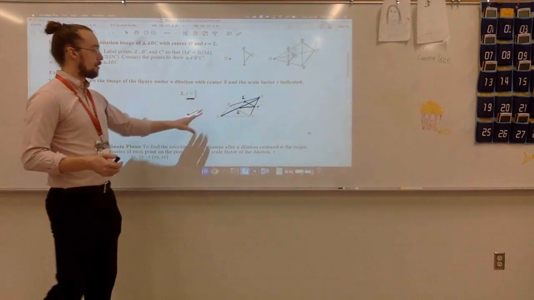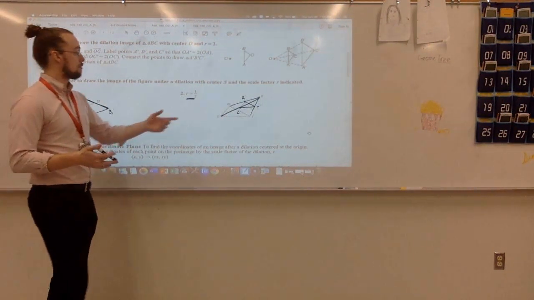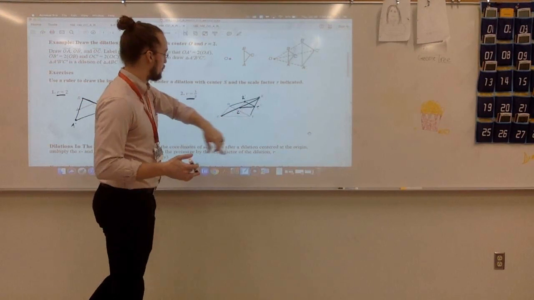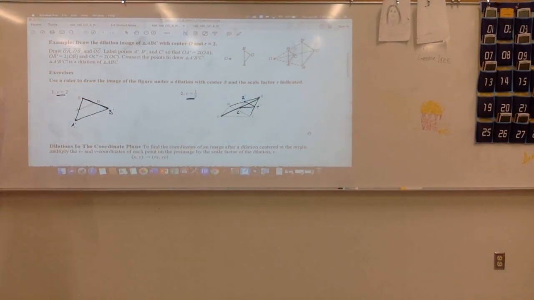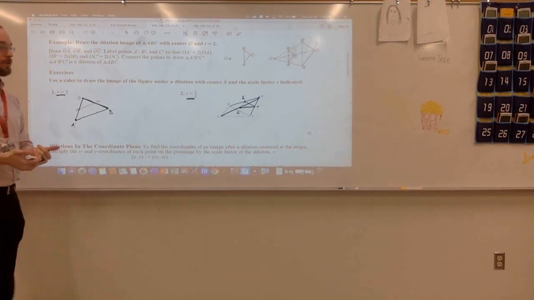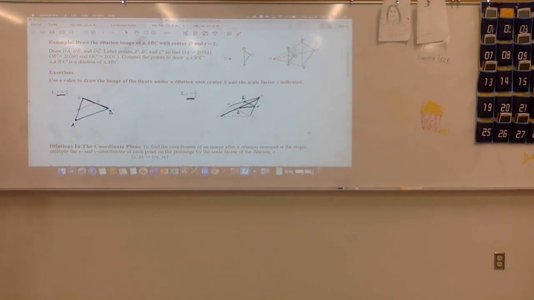We get something that looks like this, okay, where our new triangle, R prime, C prime, T prime, is exactly half the size, well, the sides, I should say, are half the size of our original triangle. Be okay with something like that?